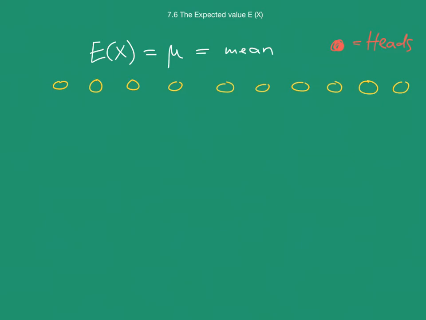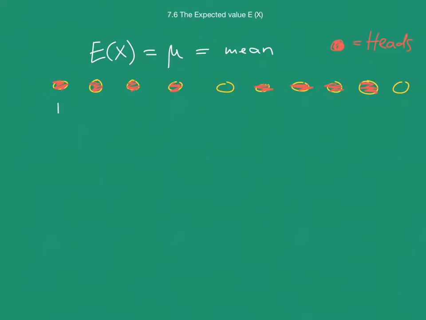So if you toss a coin 10 times, let's say this happens: the first 4 are heads, the next one is tails, and the next 4 are also heads. Now, you would say this is not what I expected. You didn't expect that 8 out of the 10 coin tosses would result in a head.